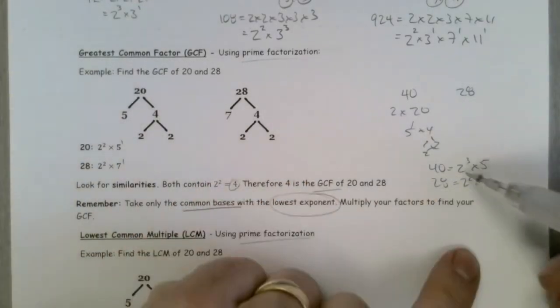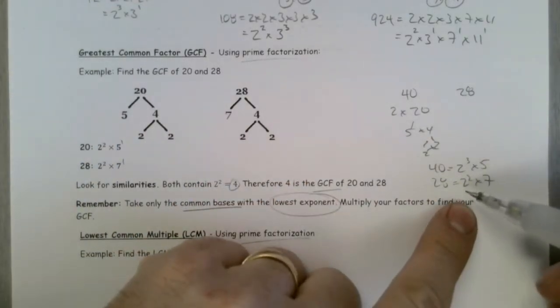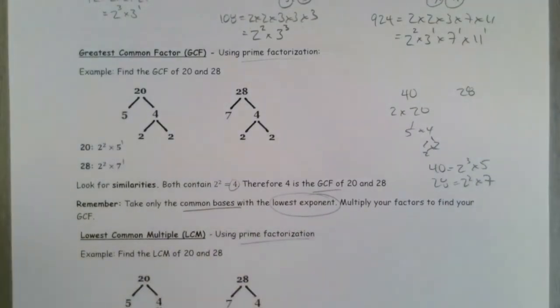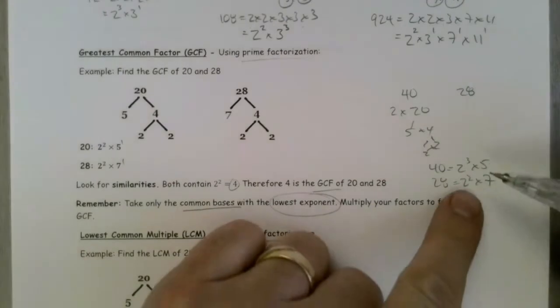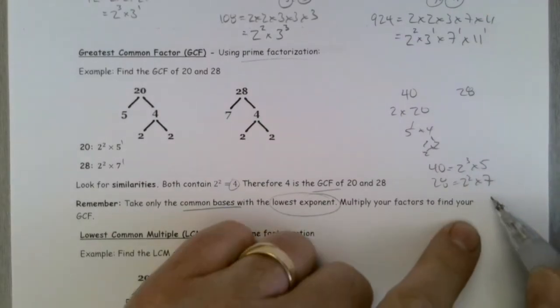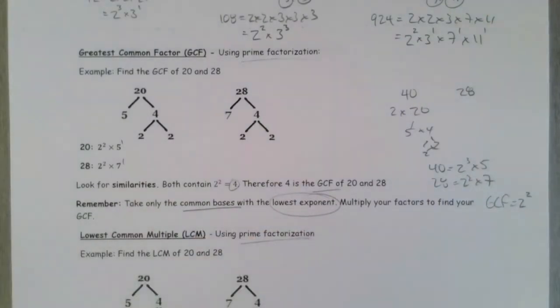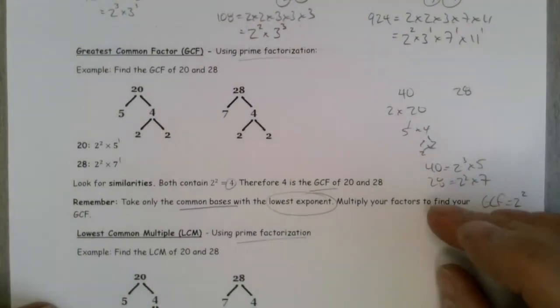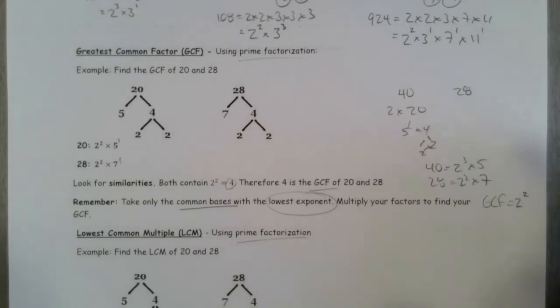In this case, the common base is 2, but the greatest common factor, once I've established the common base, I'm looking for the smallest exponent. So my greatest common factor here would be 2 squared, not 2 cubed. It would be the smaller of the two exponents. We're going to do an example of that in just a moment.